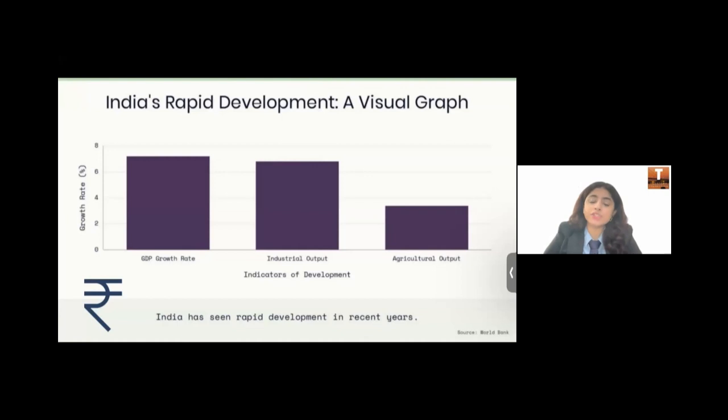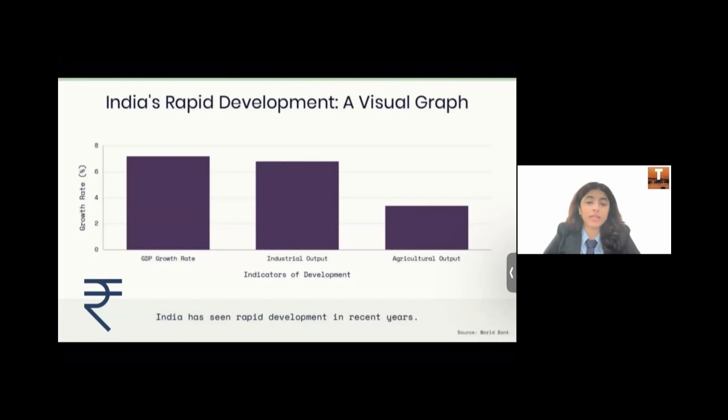So the government's initiatives such as the National Manufacturing Policy and the National Solar Mission have contributed to the development of these sectors. Sixth would be social development. India's rapid development has also emphasized social welfare and inclusivity.